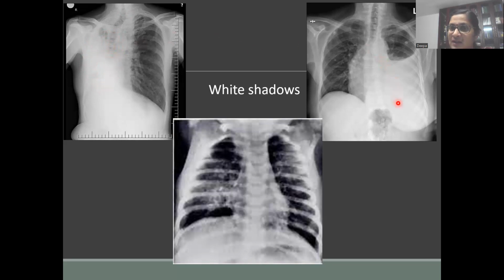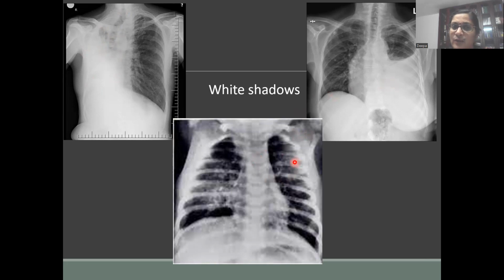And in this X-ray picture, you get to see a homogeneous opacity, but the mediastinum and the airway are shifted to the opposite side. So probably you might be dealing with either a space occupying lesion or, more commonly, an effusion, which pushes the mediastinum as well as the airway to the opposite side.